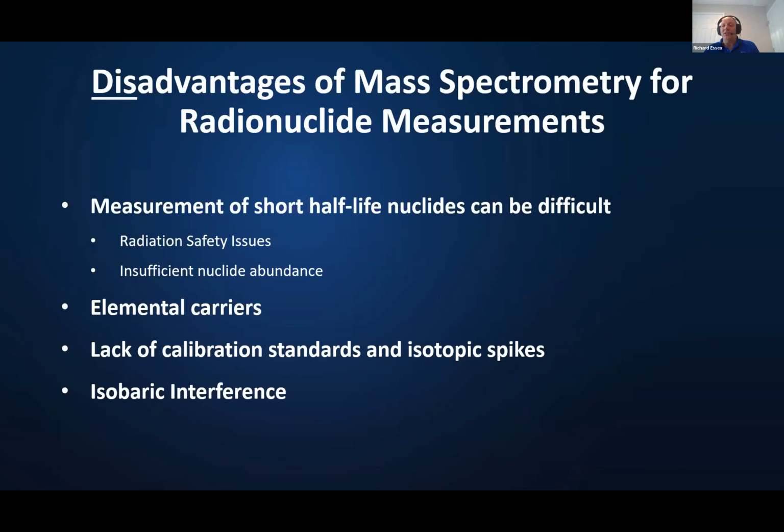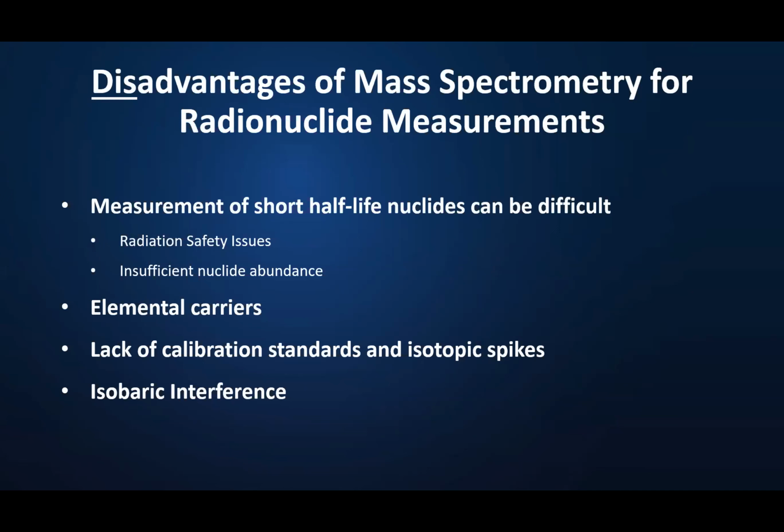In some cases, enriched isotopes different from the one you're looking at just don't exist, or they're not commercially available. These are just some of the difficulties that might be associated with using mass spectrometry on radionuclide measurements. And again, if there are other issues that people have encountered or are interested in, this would be a good time to bring those up.